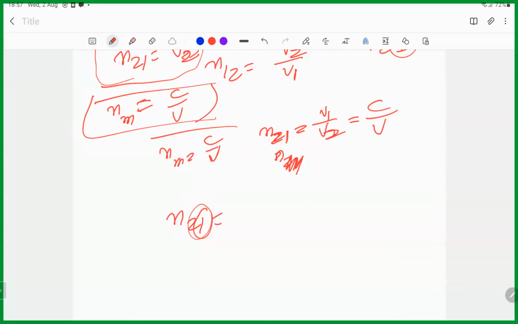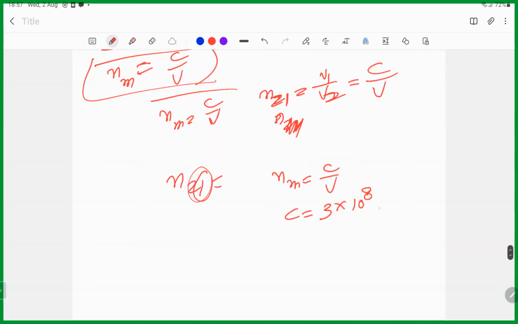M is medium. So nm equals c by v. What is the c value? 3 into 10 power 8 meter per second. Note down, hurry. So v will always be less than or equal to c.